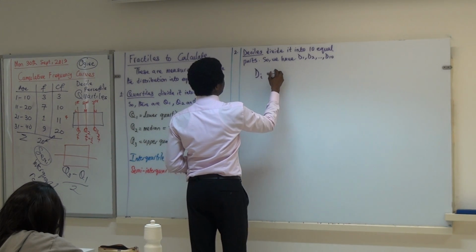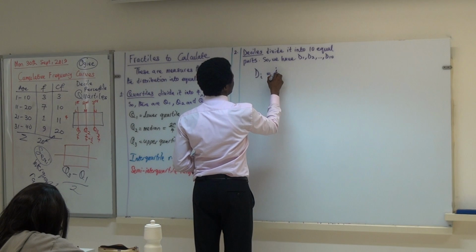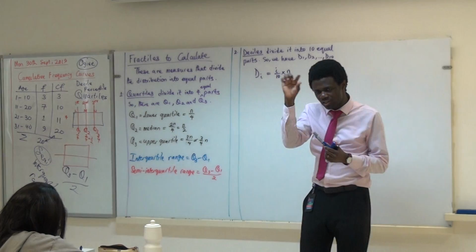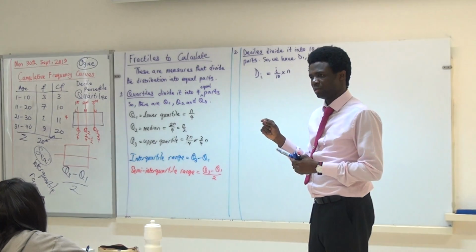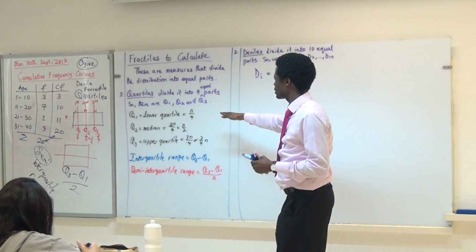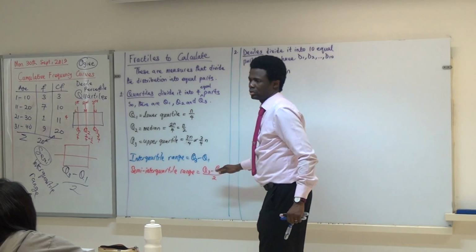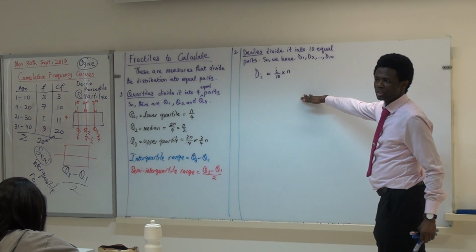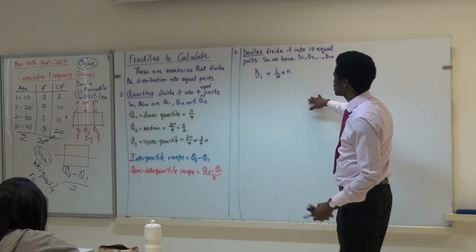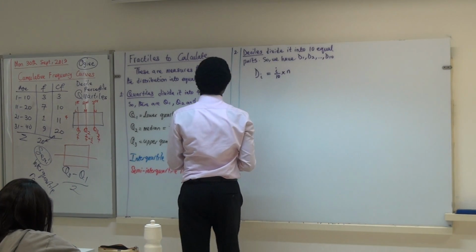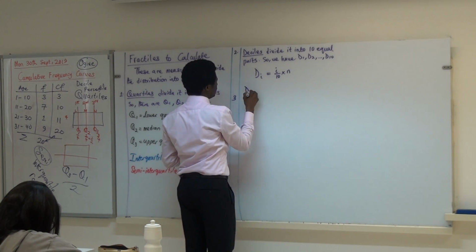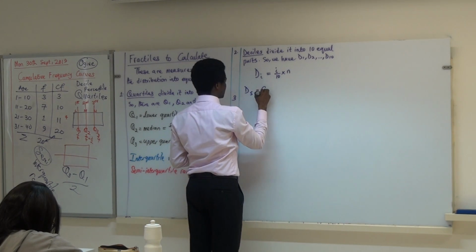Any Di will be i over 10 times n to get an estimate of where it will be. These are estimates of their position. This is what you calculate and trace on the cumulative frequency curve. All right, we'll demonstrate it on an example. D5 is actually the same as Q2.